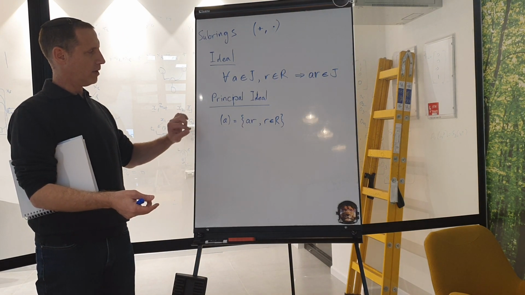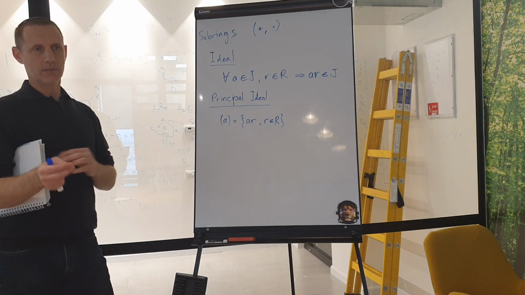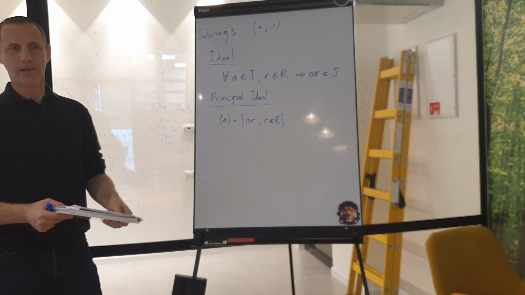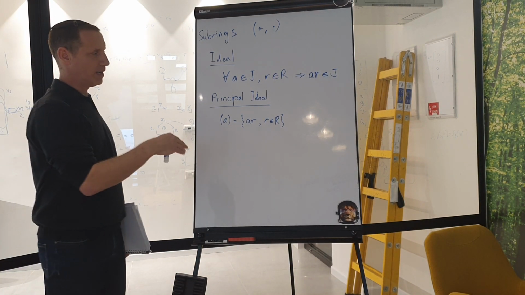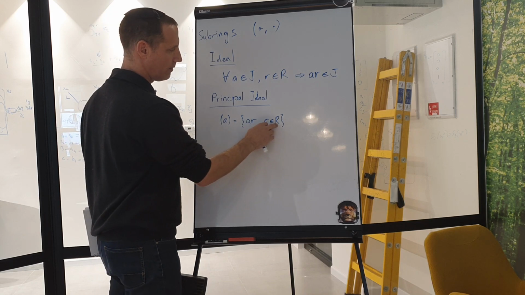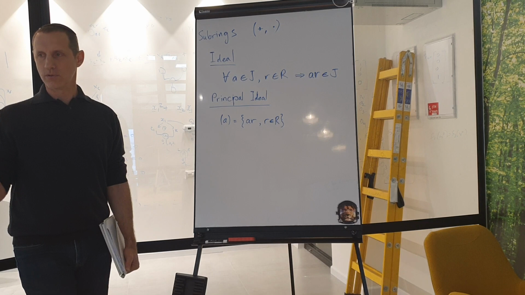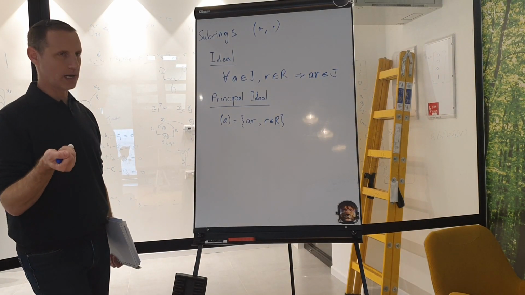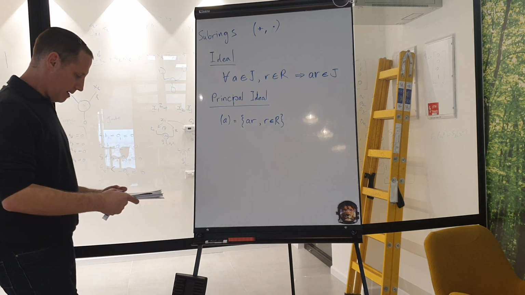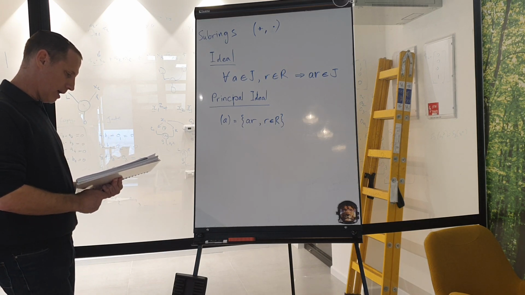So when we talk about a principal ideal, it's got similarity to, at least in certain situations, say when R is Z, for example, the cyclic subgroup. And we'll make a lot of use of that.